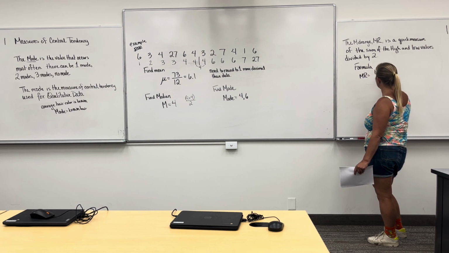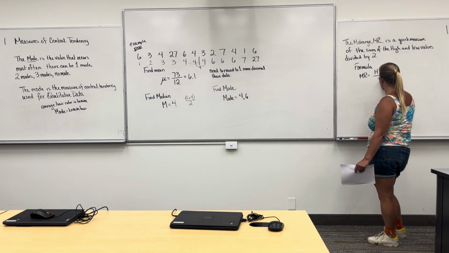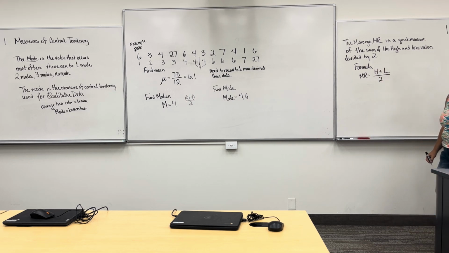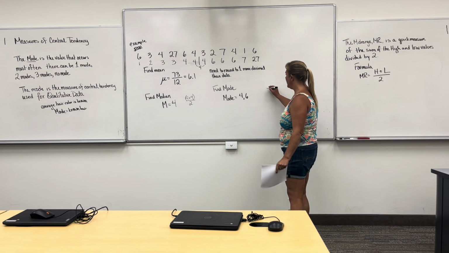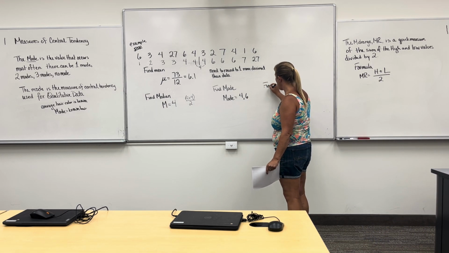So the formula looks like high plus low divided by 2. So MR equals high plus low divided by 2. Okay. So let's look at finding the mid-range here.